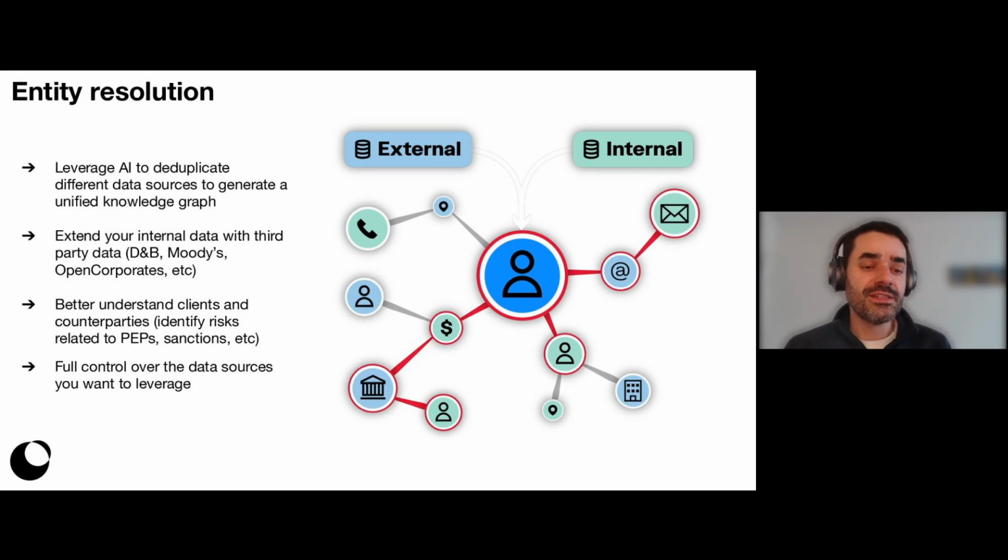And what's interesting here is that it helps organizations extend their internal data with trusted third-party data sources, such as Dun & Bradstreet, Moody's, OpenCorporates, and more. Ultimately, this can help better understand clients and their counterparties and facilitate the identification of risks related to politically exposed persons, compromised endpoints, sanctions, and more.